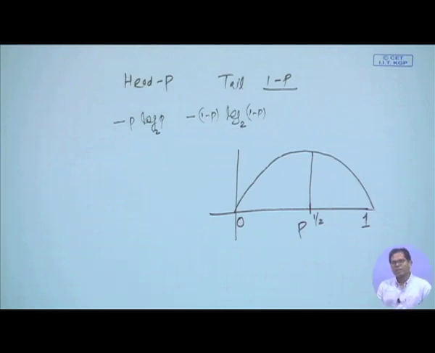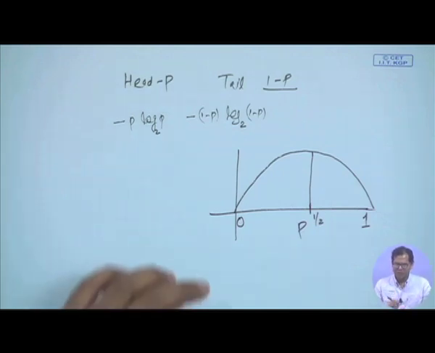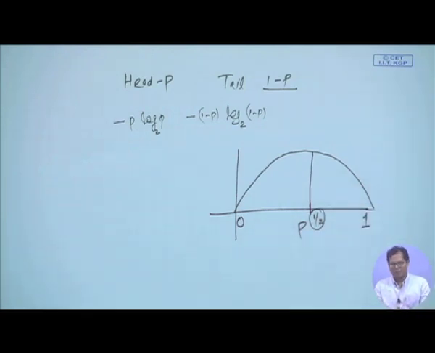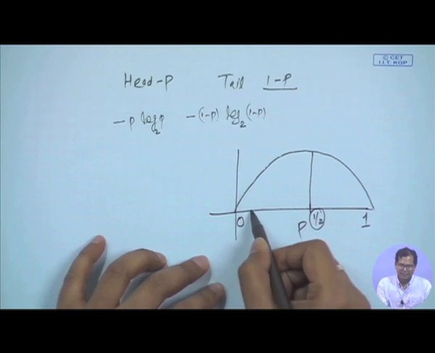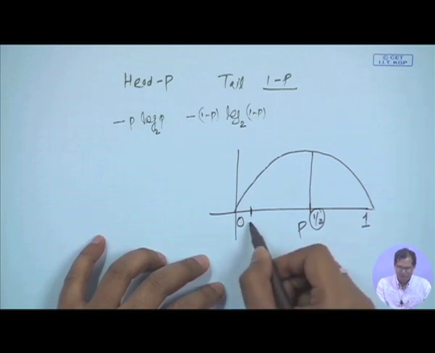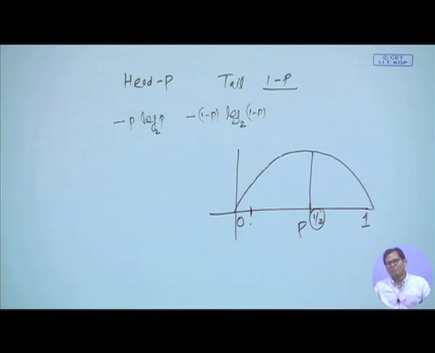Now can we intuitively understand this? When both head and tail have equal probability, the entropy of my model is the highest. What is entropy? It measures how much is the surprise. Let's take a point like this. At this point, head has a very low probability, but tail has a very high probability.